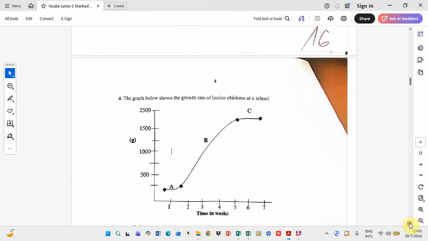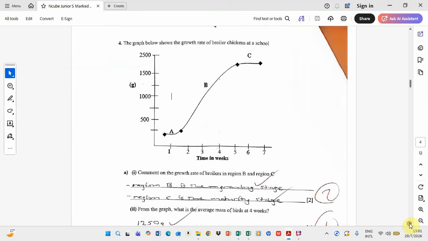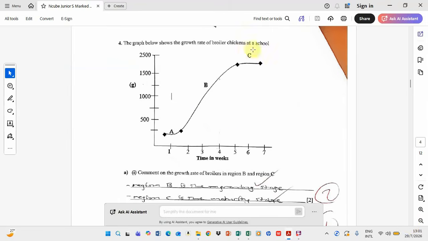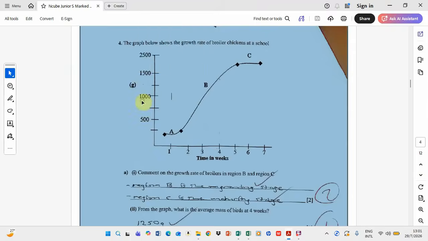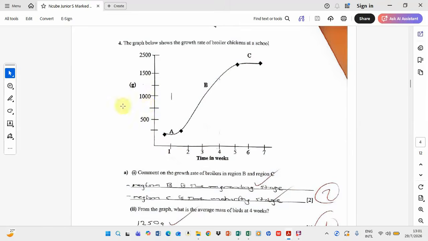And then number 4, you're given a graph. The graph shows the growth rate of broilers at a school. Here we're having time in weeks. This side we're having grams. That is the weight of broilers. So in week 1, the weight of broilers was at this point.